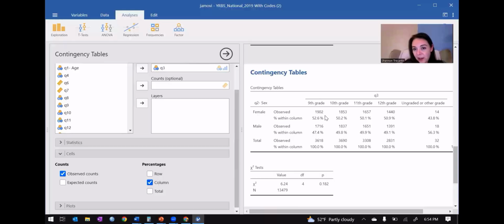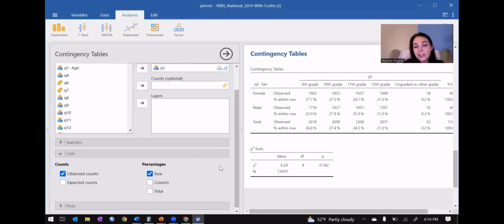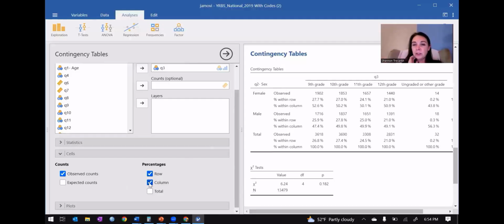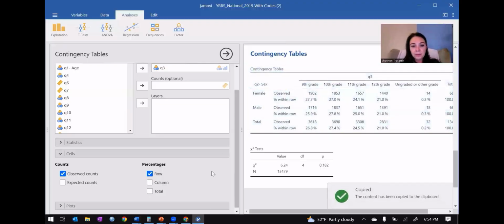I want you to notice that 52.6% when I click on row, it changes to 27.7% because it's interpreting it a different direction. You can have it all on. It gets a little confusing to interpret it this way. So I like to click back and forth. So first of all, I'm going to copy the contingency table by right-clicking and copying.